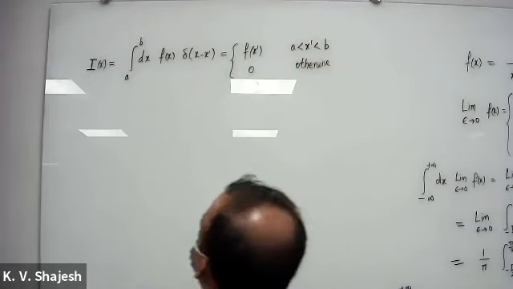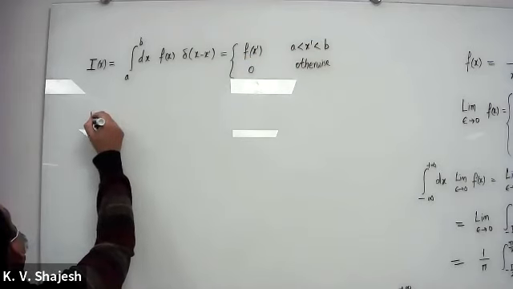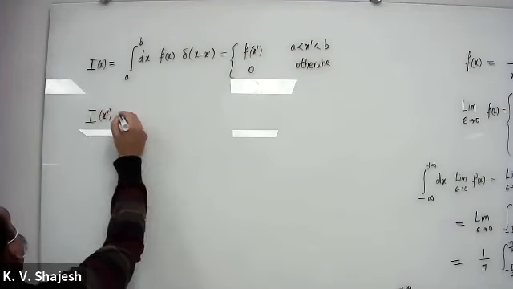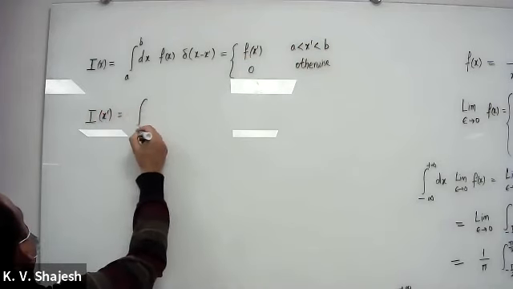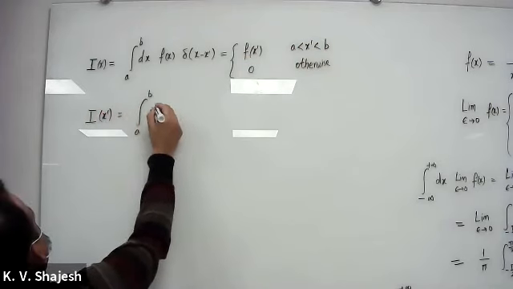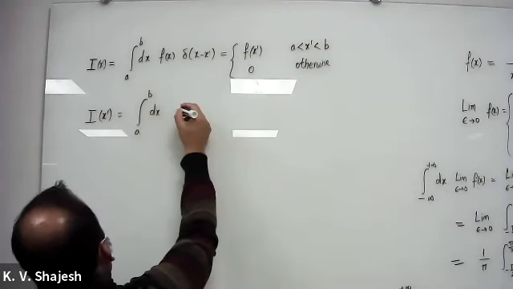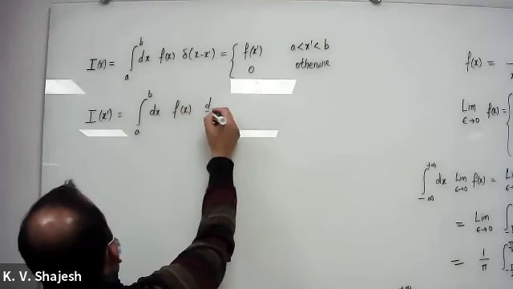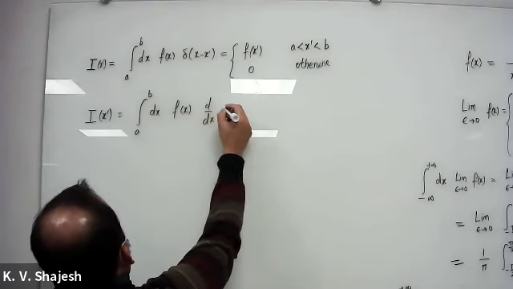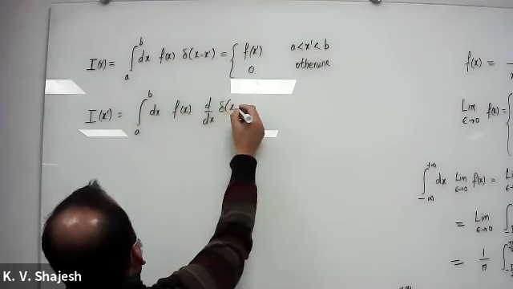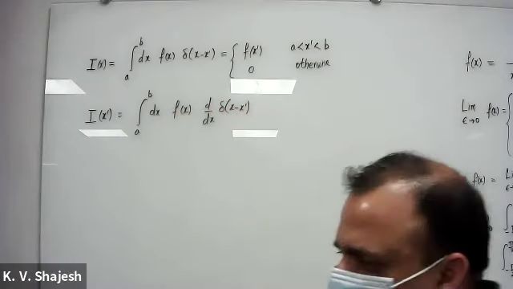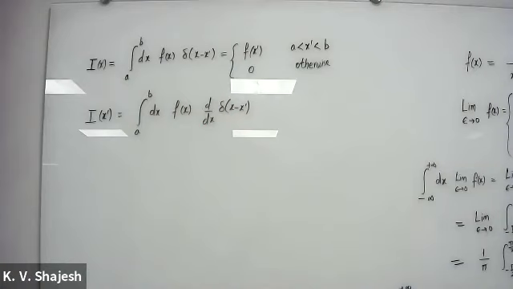Okay, then we can ask, what about this? The integral of f of x, and I have a derivative of a delta function. Then you can ask, what is that going to be equal to?